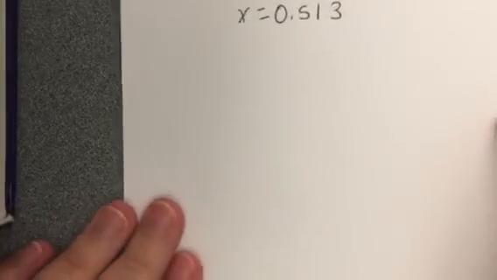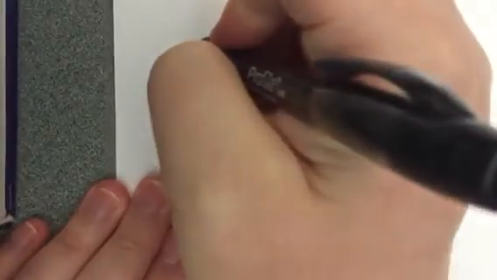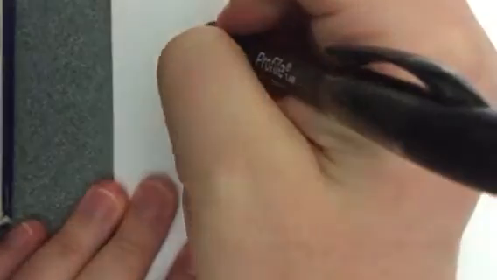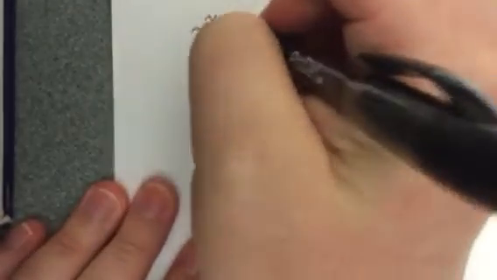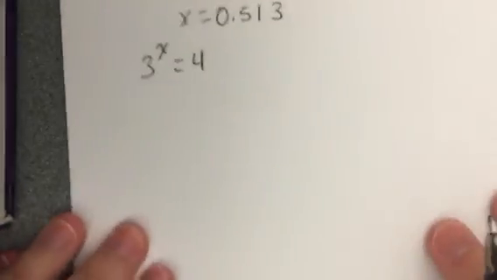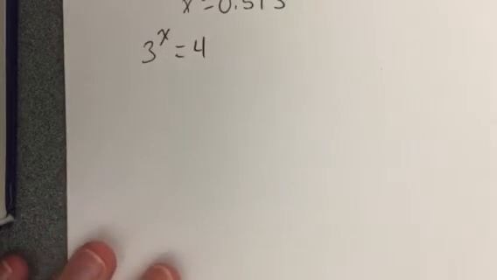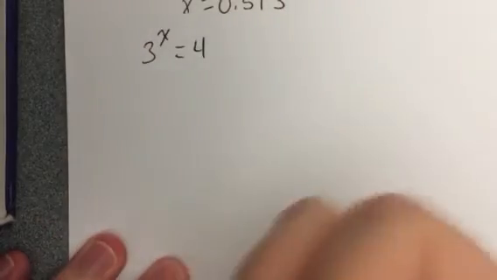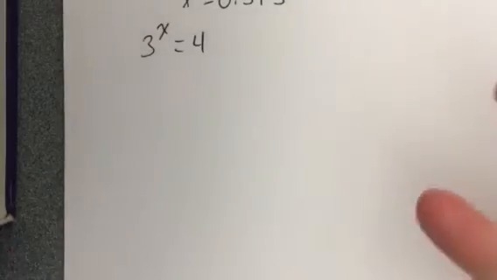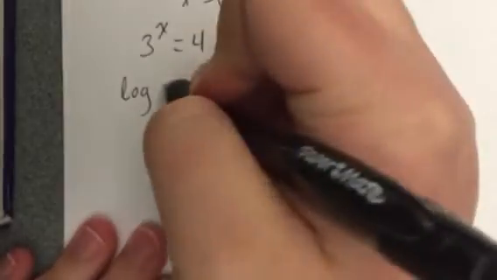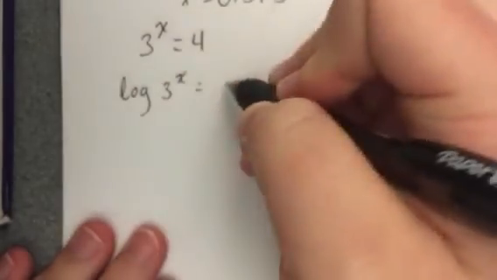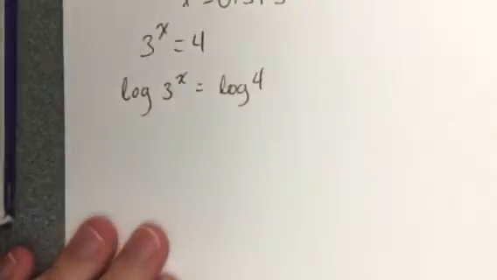Let's do another one. Let's try something like 3 to the x power equals 4. Well, 3 to the what power is going to give you 4? Remember, you start by simply beginning the process of inversion, I guess you'd say. So we're going to do log of 3 to the x power equals log of 4.